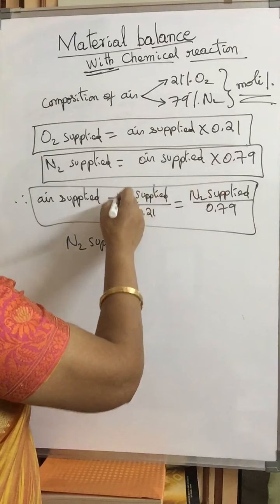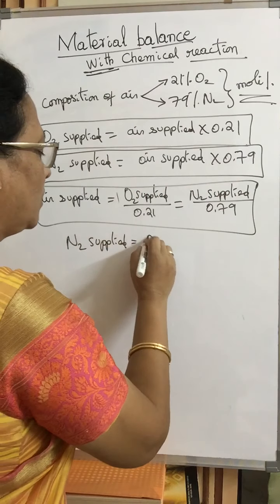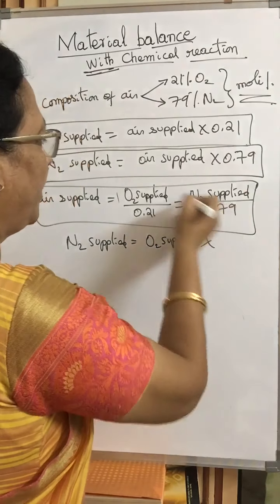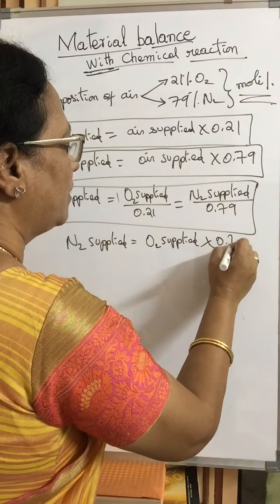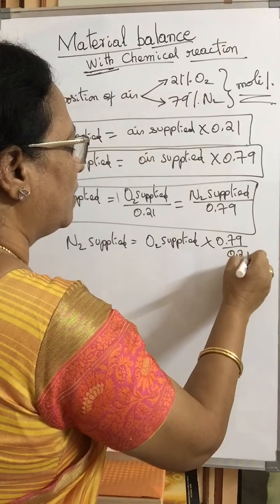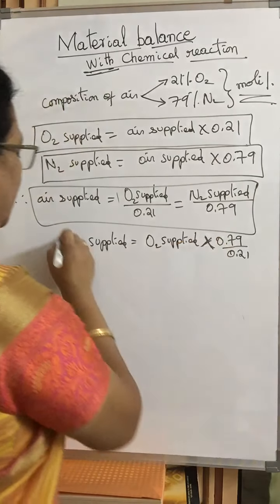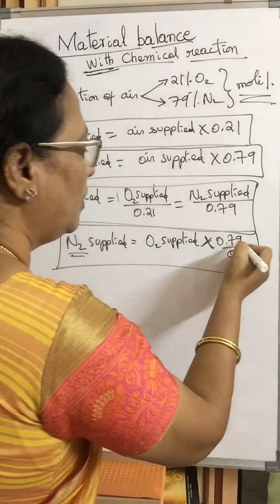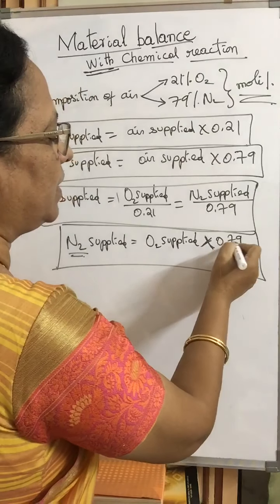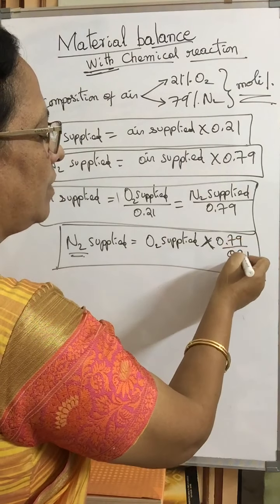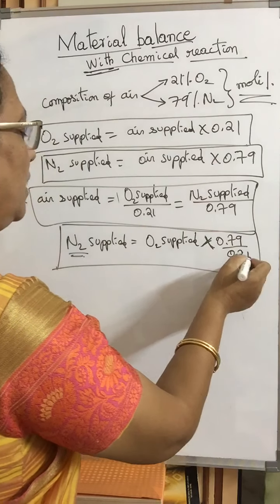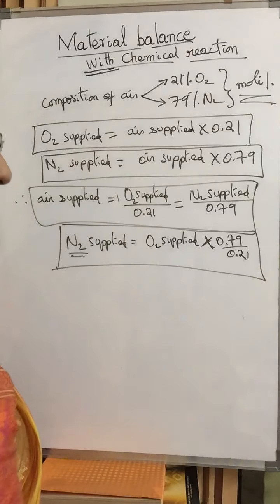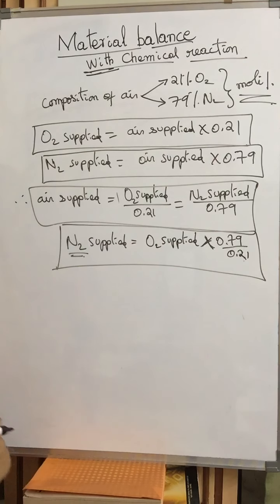Then nitrogen supplied equals oxygen supplied times 0.79 divided by 0.21. If you know air, you can calculate nitrogen, or any calculation we can do.